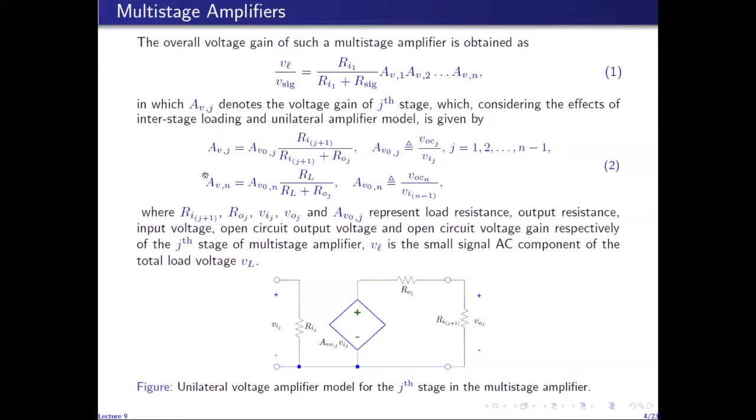So you can write that remaining expression in terms of the open circuit voltage gain in this form exactly. So those approximate results for the loaded voltage gain actually follow this form, which is indicative of the fact that ignoring small r naught renders the common emitter and common base amplifier as unilateral amplifiers.